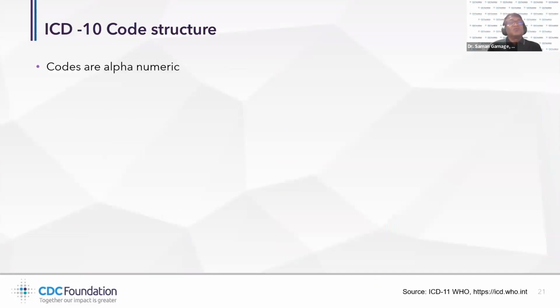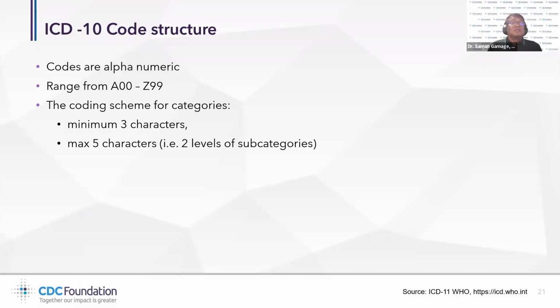Talking about the code structure, let me remind you about ICD-10 code structure. Codes are alphanumeric. This means ICD-10 codes comprise alpha characters, English letters, and Arabic numbers. They range from A00 to Z99, with a minimum of 3 characters and a maximum of 5 characters.